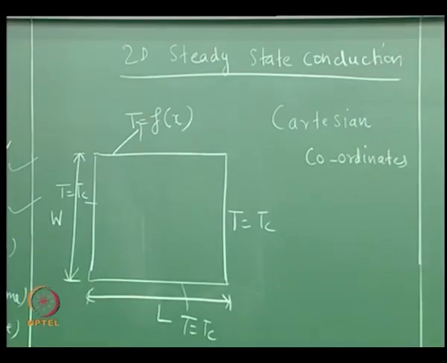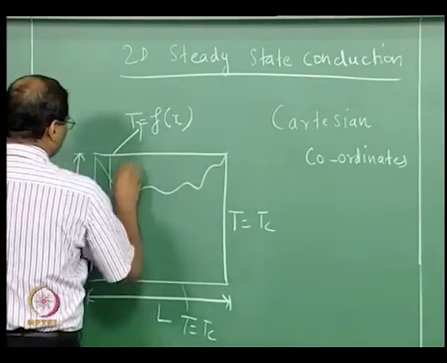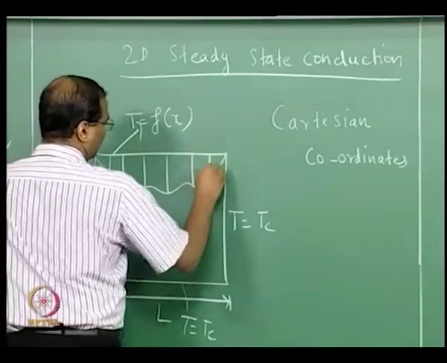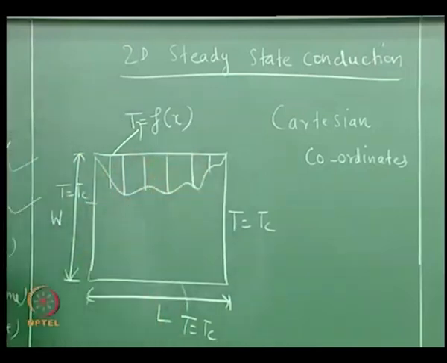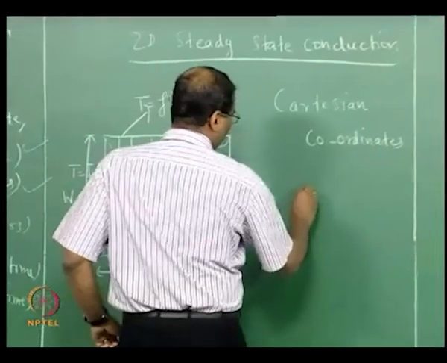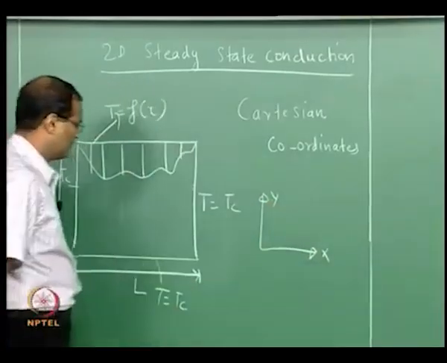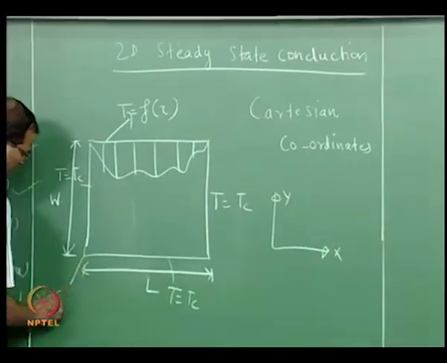Which means I can have something like this. The T can locally vary with x. Now the coordinate system is like this. Zero is here.